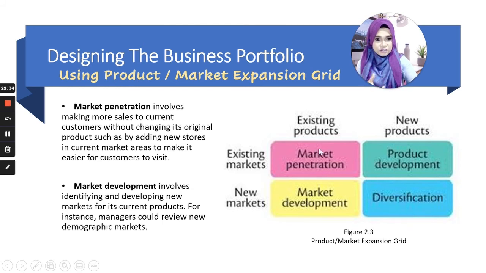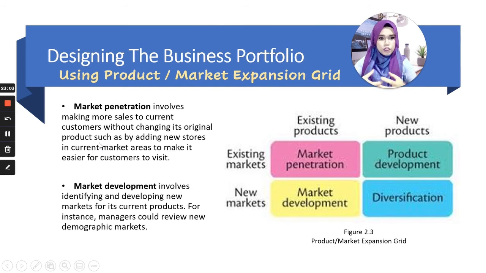Now let's first look at market penetration. As you can see here, it is for your existing products. You already have that product now, and that is your existing market. So it is called market penetration, where it involves making more sales to current customers in the existing market without changing the original product, such as by adding new stores and making it more available.